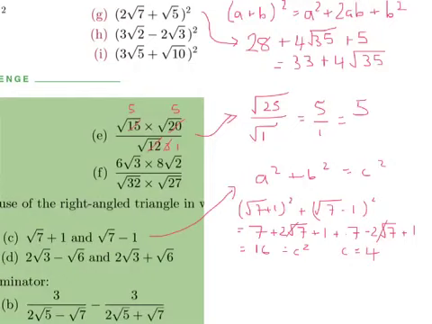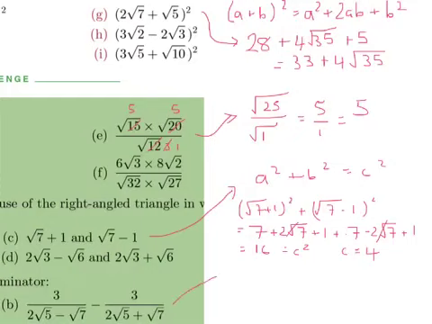Finally, it's actually a question which leads into next week, but we do it here. We want to simplify, make a common denominator. There's a trick here because you notice that the two denominators are the same except one's got a plus, one's got a minus.